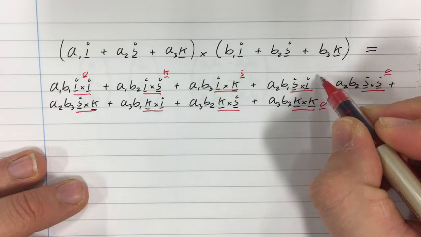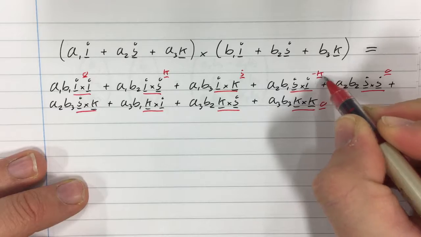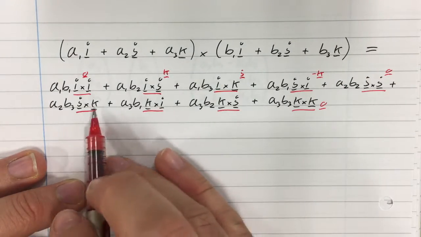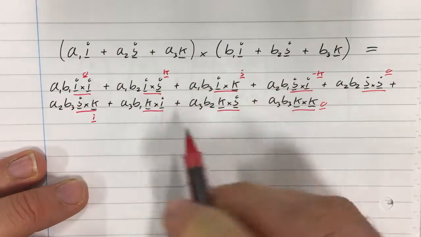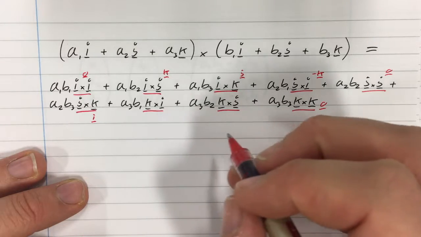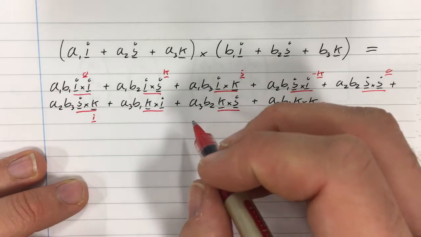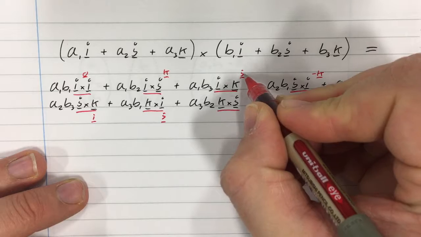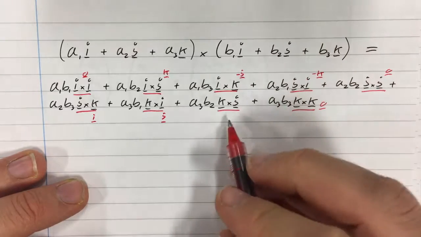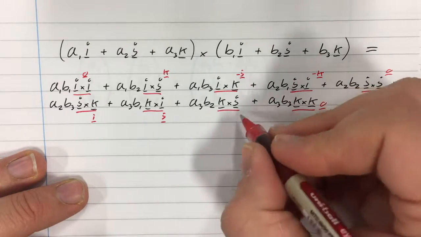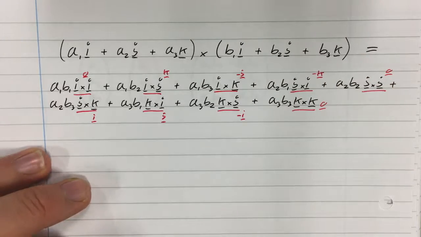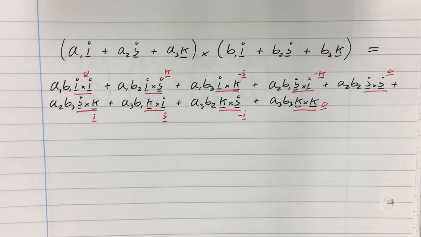J times I is minus k. J times k is I. K times I is j. Sorry, that's actually minus j there. And k times j is minus I. Okay, so we end up with those vectors.